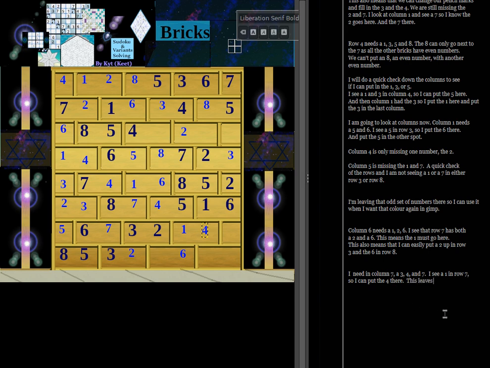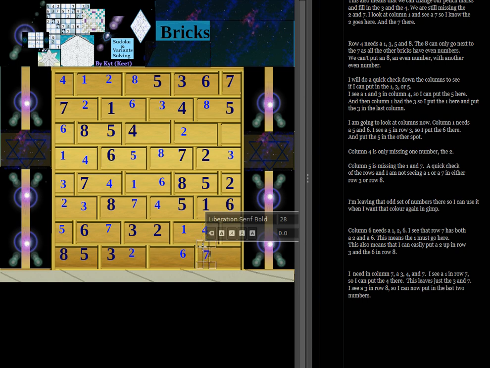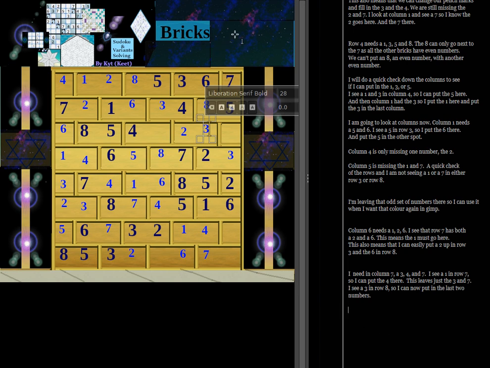This leaves just the 3 and 7. I see a 3 in row 8, so I can now put in the last 2 numbers, the 7 and the 3.